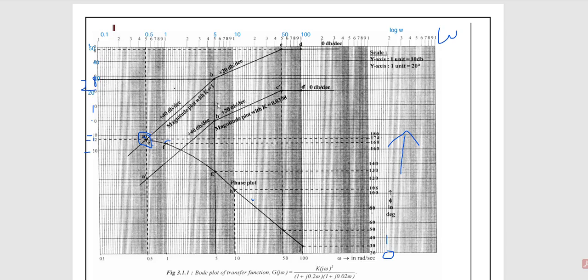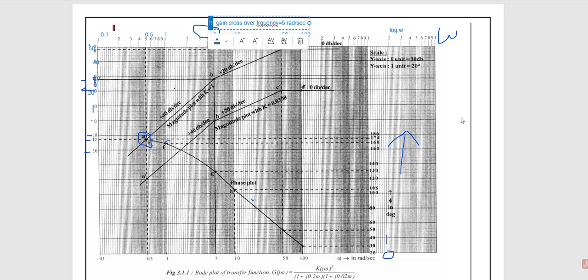Each and every point you have to shift downwards so as to get the gain crossover frequency, omega gc, of 5 radians per second.